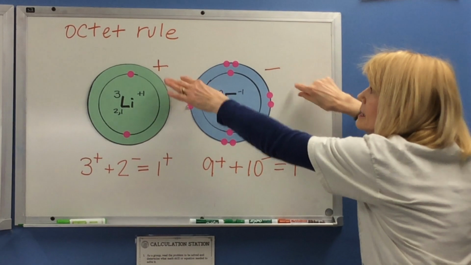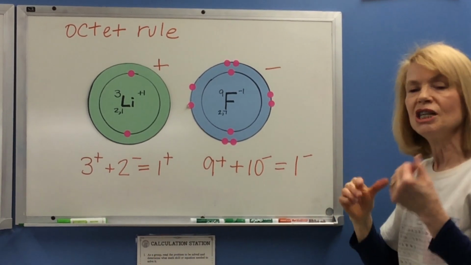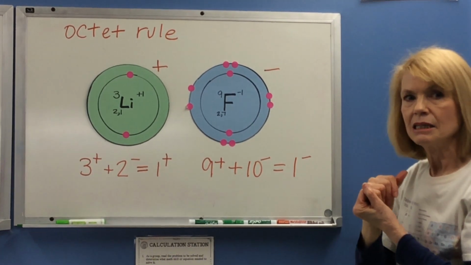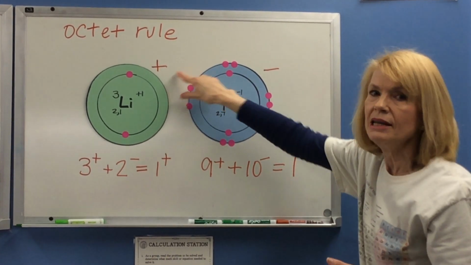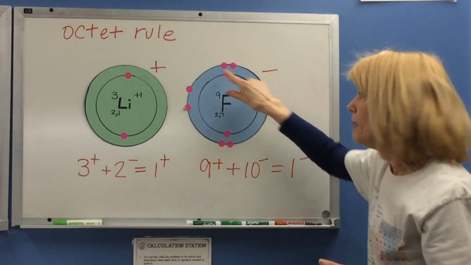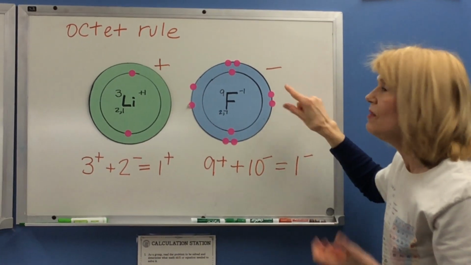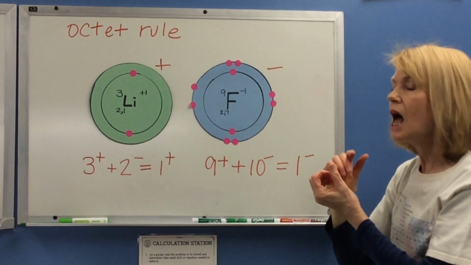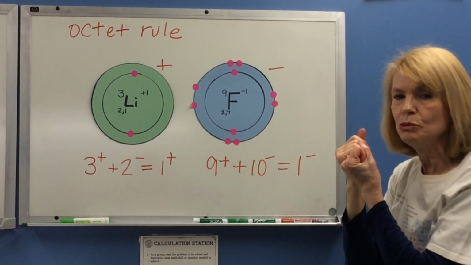So now we've got a positive charge and a negative charge, and just like magnets, when you have a north end and a south end, a positive end and a negative end, they're attracted to each other. And so these ions are attracted to each other.